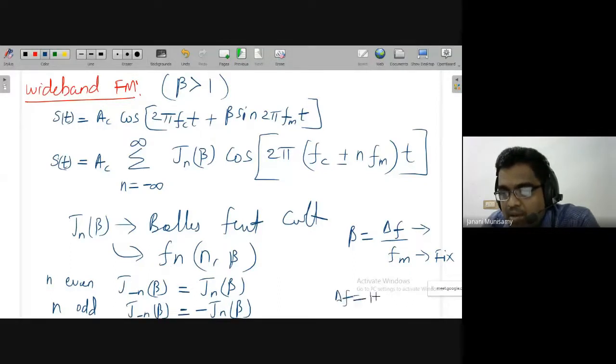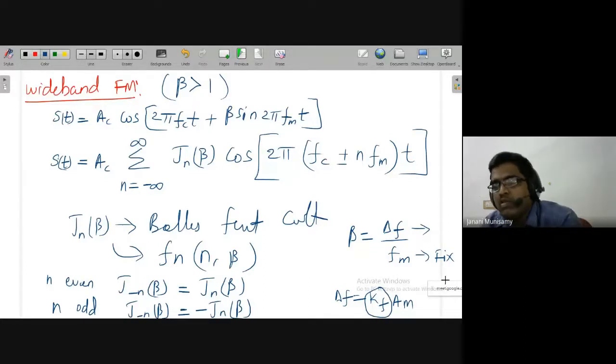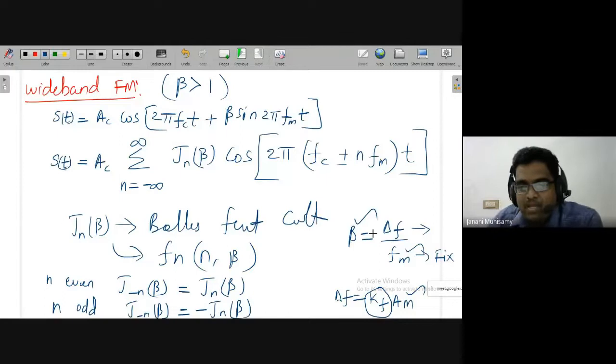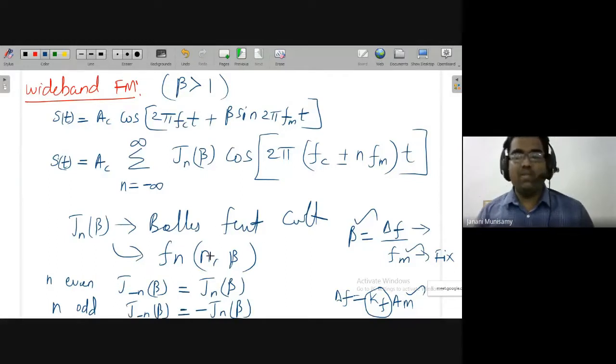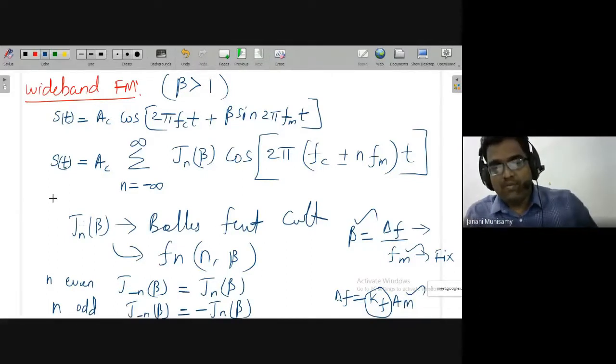Del f means kf into Am. Once you design the circuit, kf will be fixed. Kf is the circuit constant, the frequency sensitivity of the circuit. Once you fix your message signal, Am is fixed, fm is fixed. That means we will fix beta. Most of the time, once you have decided on some communication, beta will be fixed. Again, what is the only variable? Only variable is n. For this Bessel function coefficient, beta is fixed.